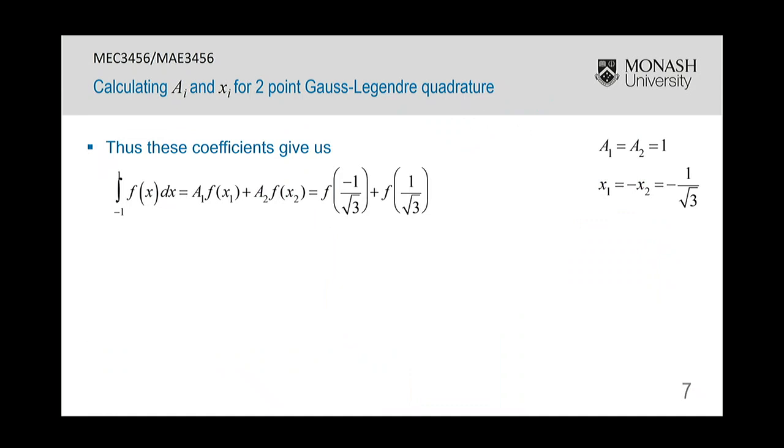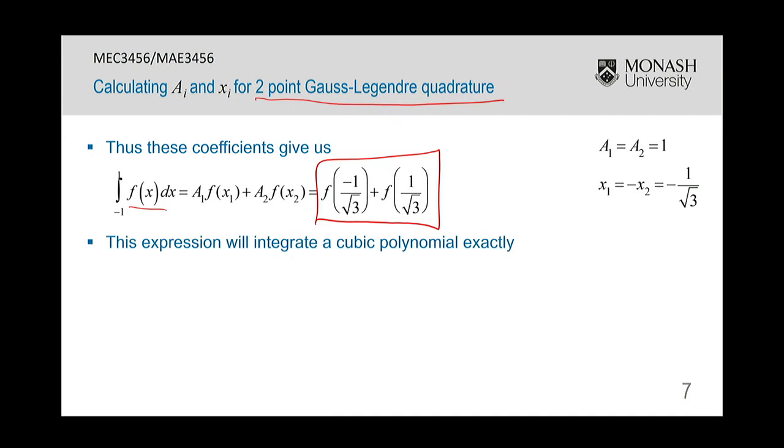So the 2-point Gauss-Legendre quadrature formula is given by this expression here. We can calculate the function value at minus 1 on root 3 and the function value at 1 on root 3, add them together, and we've got an estimate of our integral here. Now, because of the way that we put this together, this expression is going to integrate a cubic polynomial exactly.